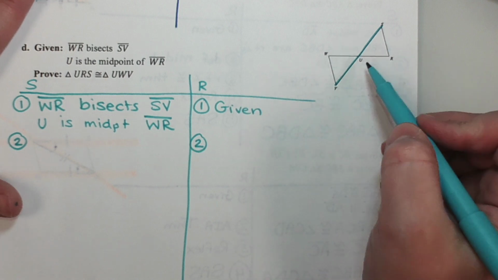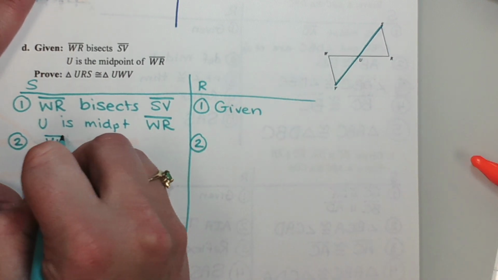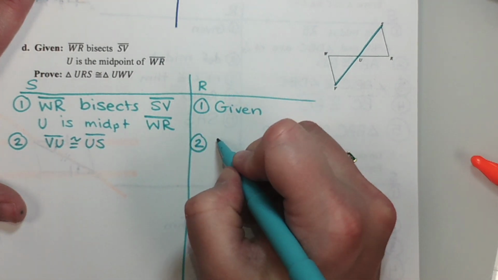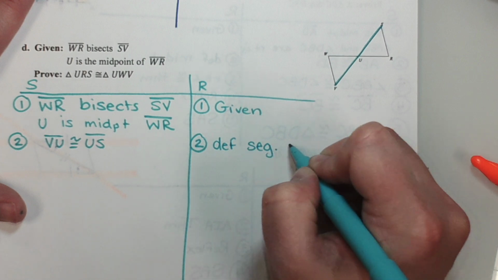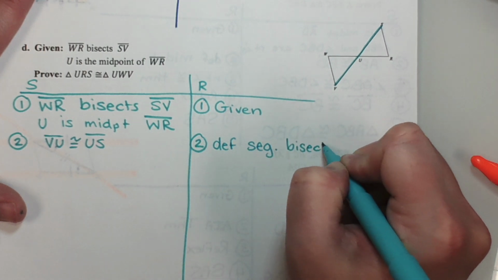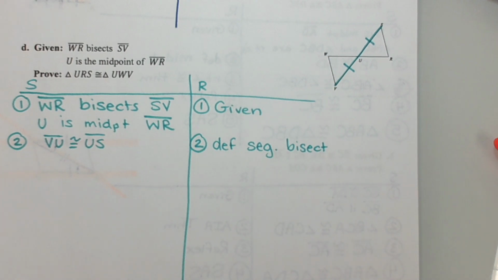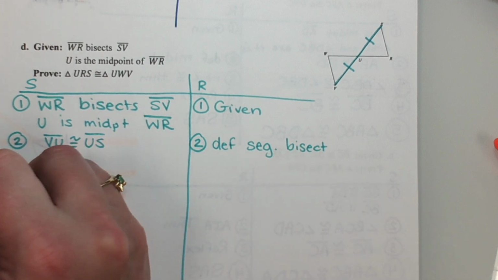They break at U, so VU is congruent to US. Definition of segment bisector. And I'm doing that part quickly because we've seen it a lot of times popping up, and we already did a bisect one. This one was just a segment one.